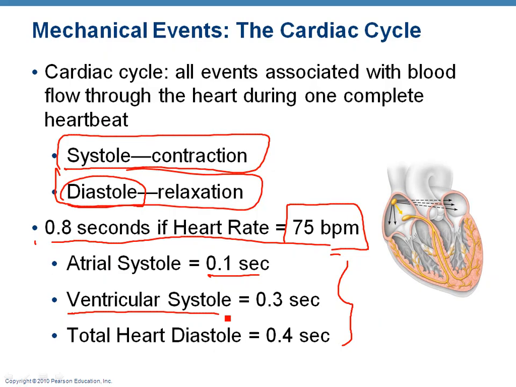And those are the thicker walls of the ventricles that have to contract with more force to squeeze blood out of the ventricles and into the pulmonary trunk and the aorta. That lasts about 0.3 seconds.